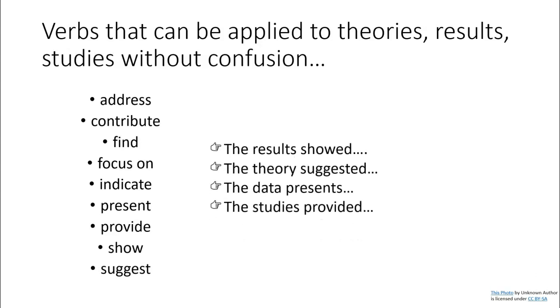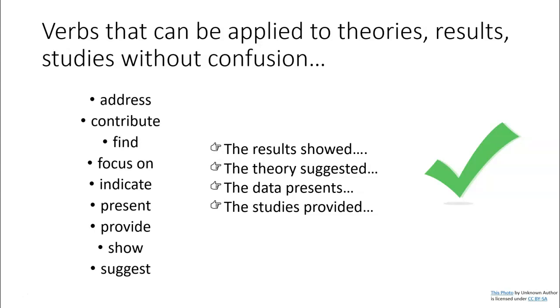Examples would be the results showed, the theory suggested, the data presents, or the studies provided. These are all just examples of ways that you can acceptably use verbs when describing what a non-human thing does. These are all okay.